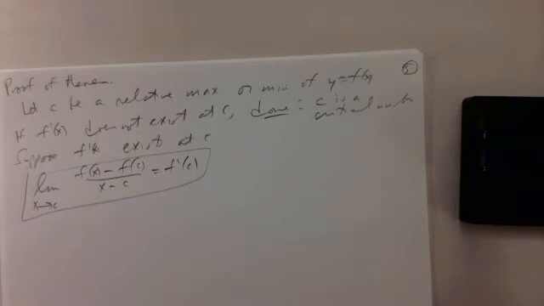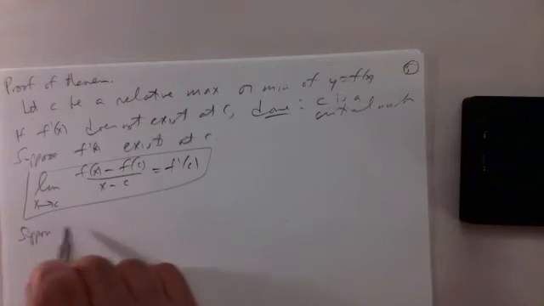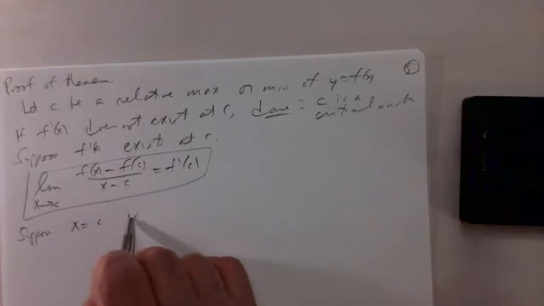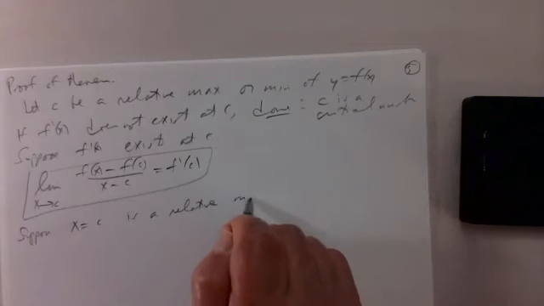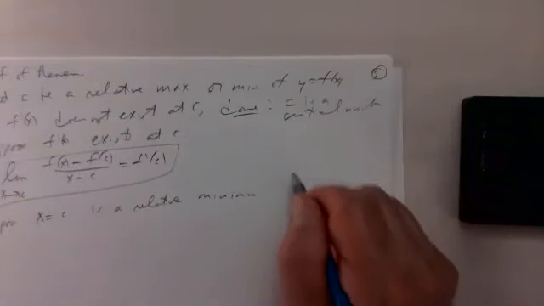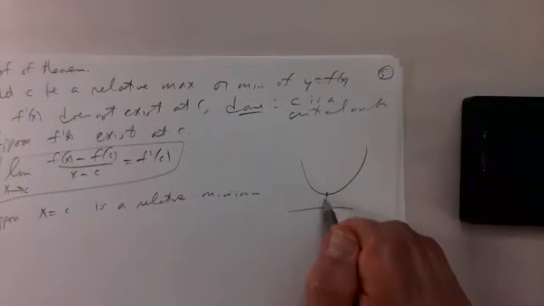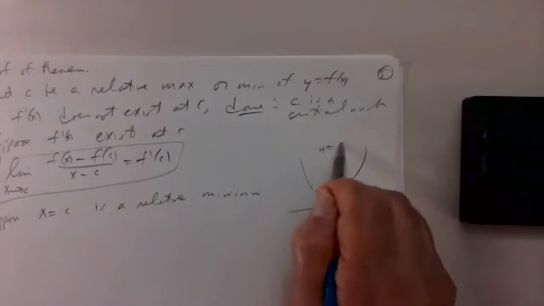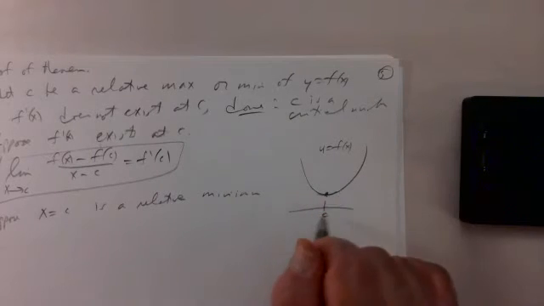So let's suppose x equals c is a relative minimum. So what does our function look like? Roughly speaking, here's the graph of y equals f of x, and f of c is a relative minimum. So what does this mean?